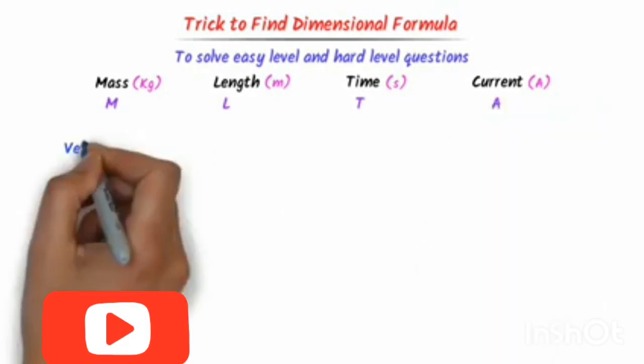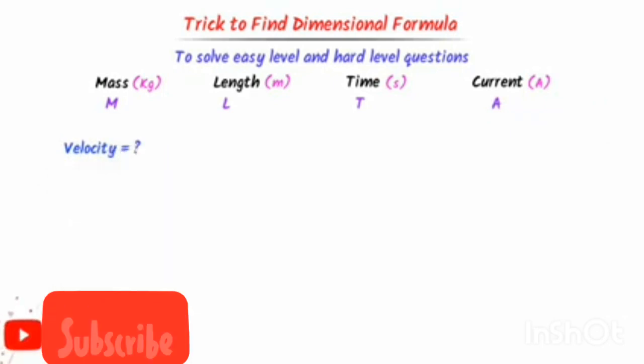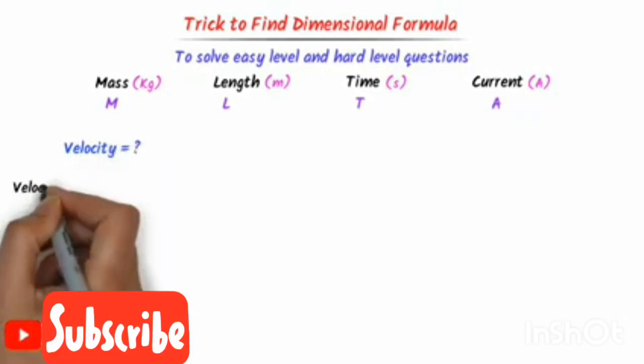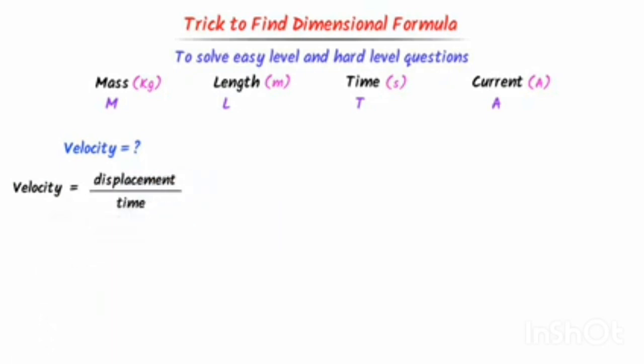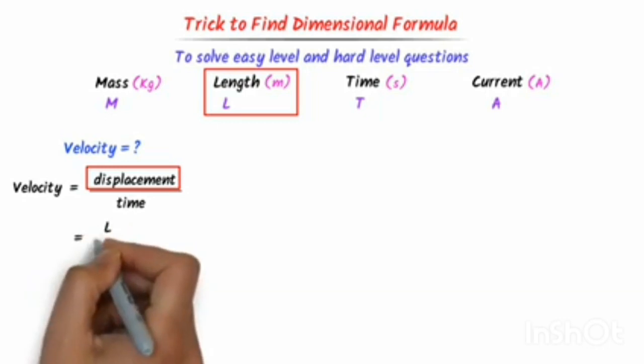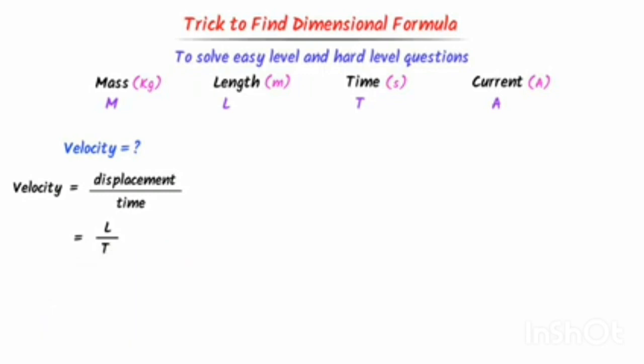Now consider this question. Find the dimensional formula of velocity. Well, we know that velocity is equal to displacement upon time. We know that displacement or length is the same thing. The dimensional symbol of length is L and that of time is T. Now I shift T from the denominator to the numerator.